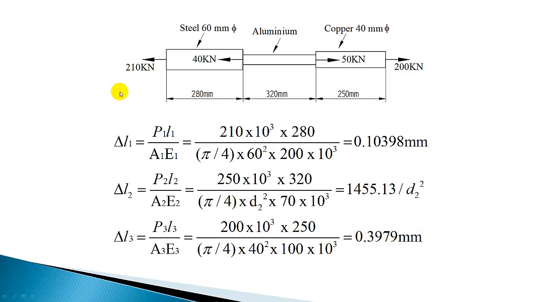So we got the change in length, in this case elongation, because all are subjected to tensile loads. We have the change in length in the first portion and last portion, that is in steel and copper. But for aluminum we don't know, we only get it in terms of diameter. Now if you add all the three, you should get the total elongation, which is 0.98.